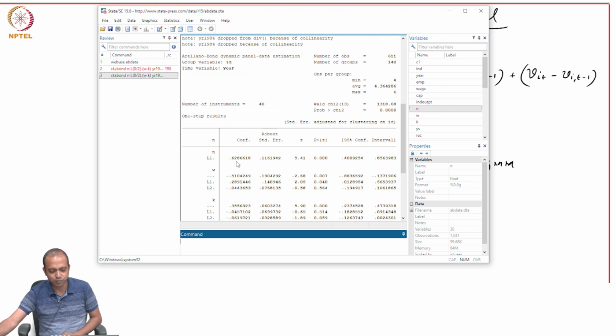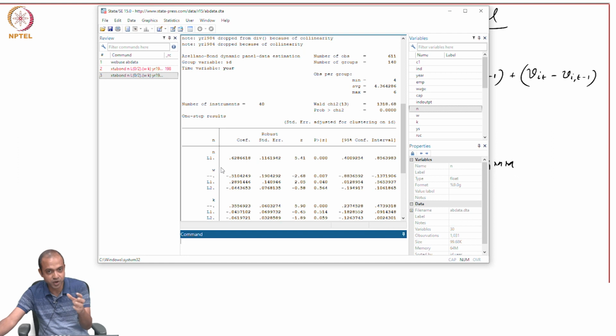So, it is coming 0.62 in the difference GMM model, and it should lie between 0.73 to 1.01. But as you know, in this model, I have included only W and K. I am not including the WS, and I asked you to take it as an assignment to see, after inclusion of all the variables, whether this NL1 coefficient is lying within the interval or not, because if you recall, previously when we first estimated FE and OLS, we had included WSL1 and YSL2.